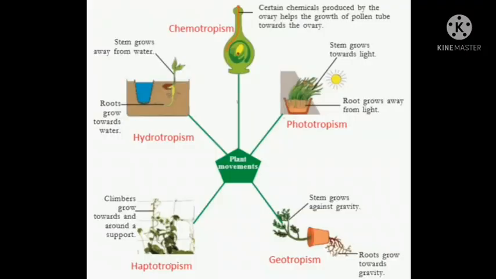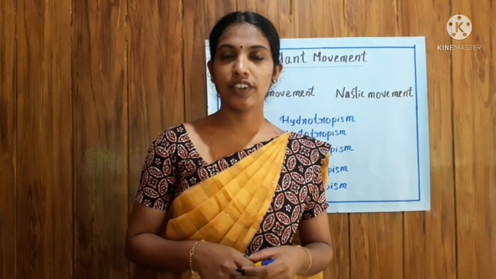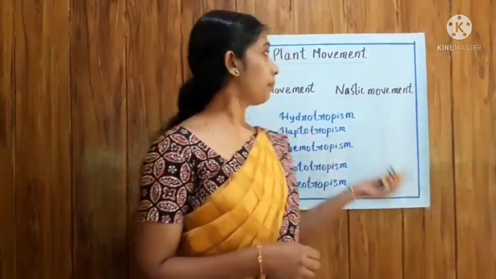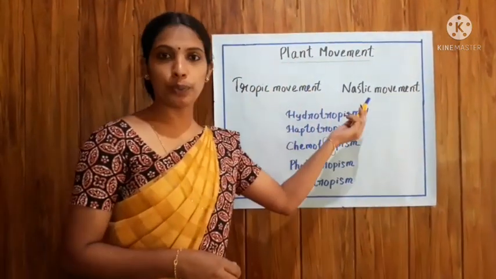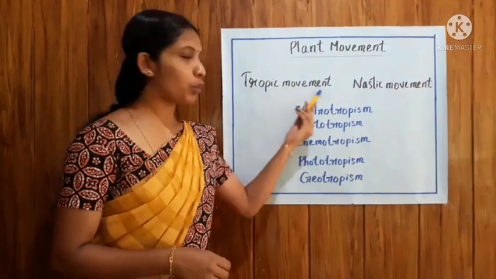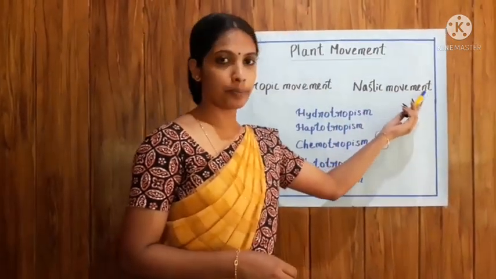Let's see the answers. A. Chemotropism. B. Hydrotropism. C. Phototropism, D. Haptotropism, and E. Geotropism. Today we discussed plant movements. There are two types of plant movements, tropic movement and nastic movement.